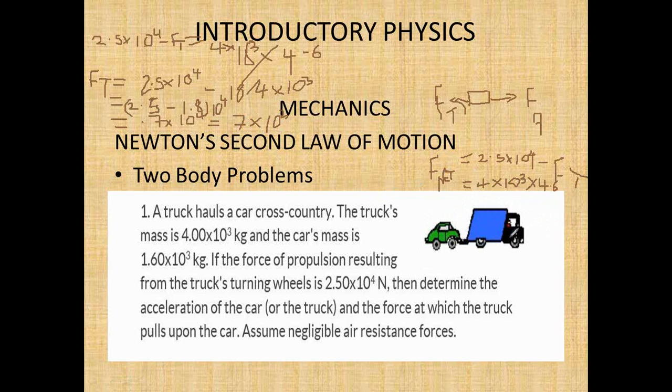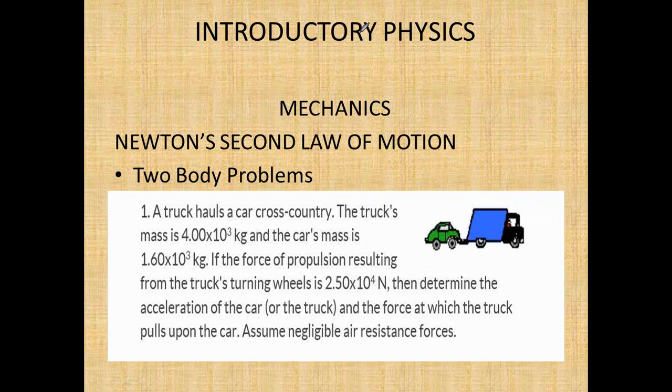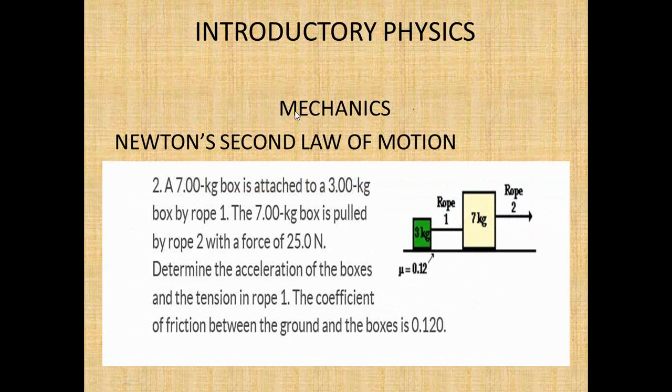And then you can solve for the tension. Once you understand the principle of what you're doing, it will become straightforward. So the first thing you have to do is do your free body diagram.